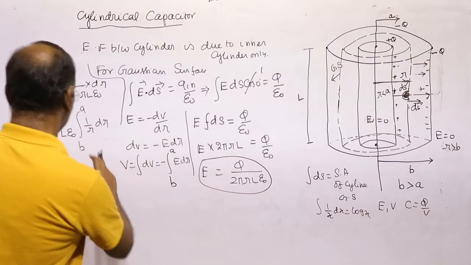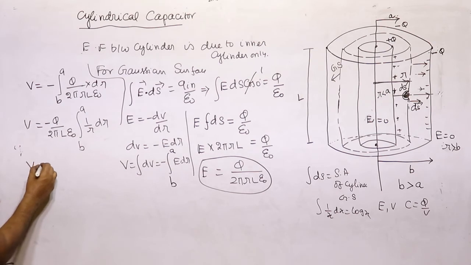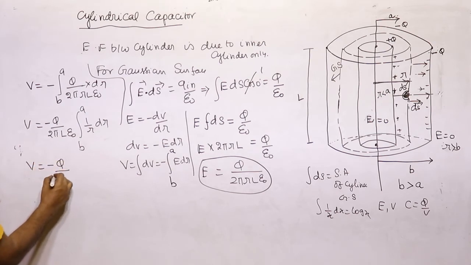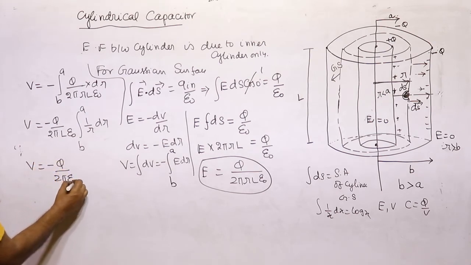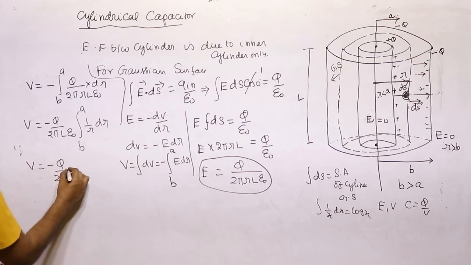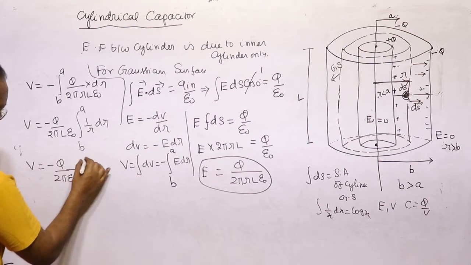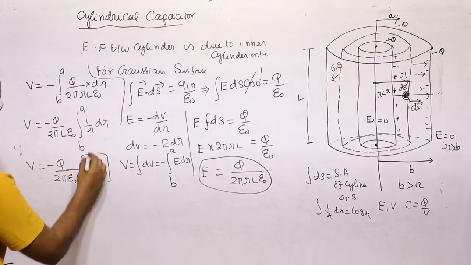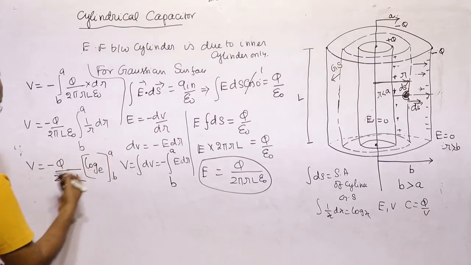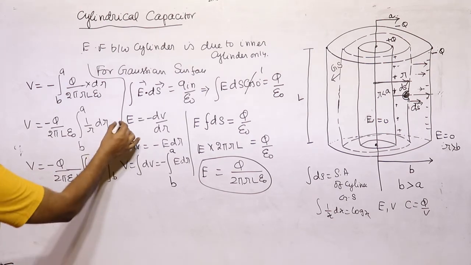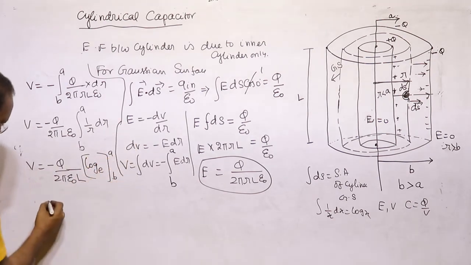It means the integral of 1 by r dr gives V is equal to minus q by 2 pi epsilon naught L into the natural log, with the upper limit minus the lower limit. This is the potential.